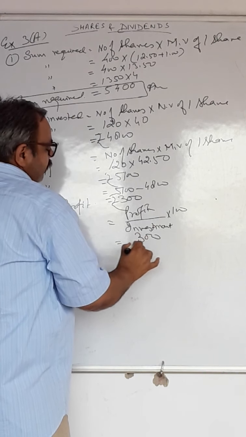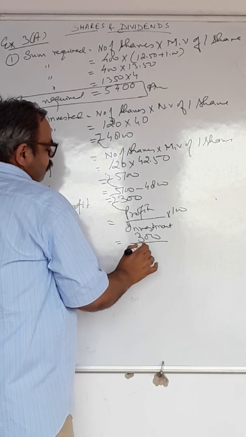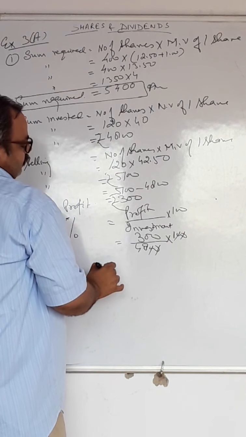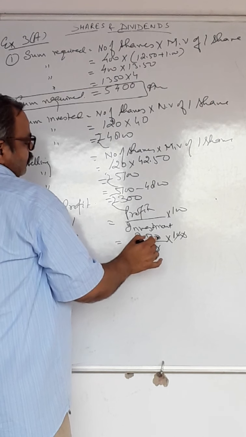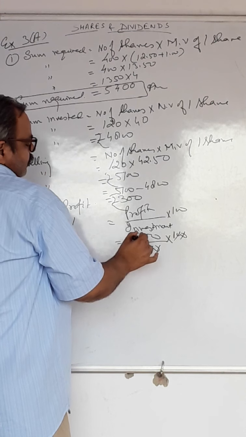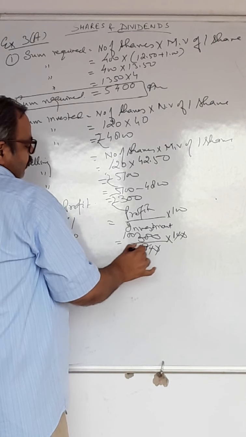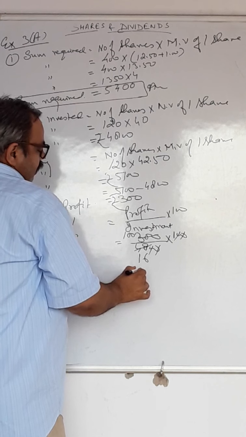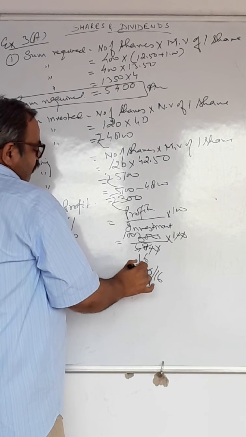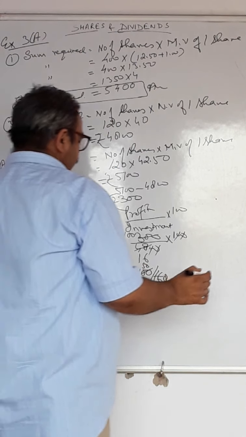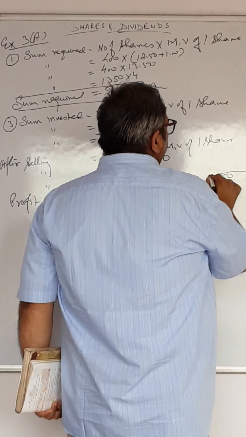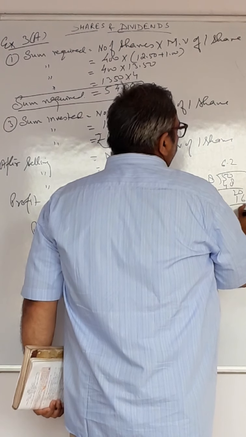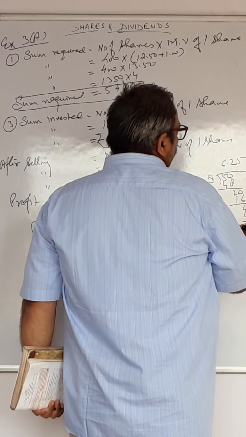Profit 300, investment 4800, into 100. 3 into 100 over 48, which is 100 upon 16, 50 by 8. 50 divided by 8: 8 6 are 48, 2, 8 2 are 16, 4 5 are 40.